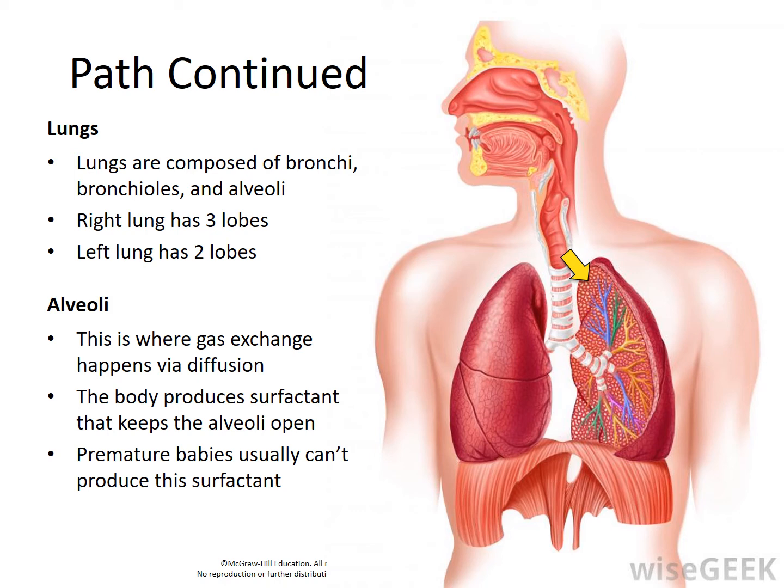So these alveoli are sort of grape-like clusters, and they're little hollow spheres. And there is one problem that occurs with the lungs having to be moist, and that problem is surface tension. You may be familiar with surface tension.